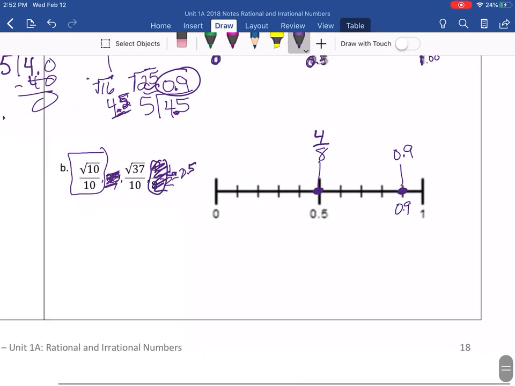Let's start with the first one. Square root of 10, super close to the square root of what? 9, right? It's super close to the square root of 9. What would be easy to be divisible by 10 though? This would be 3, positive or negative 3.